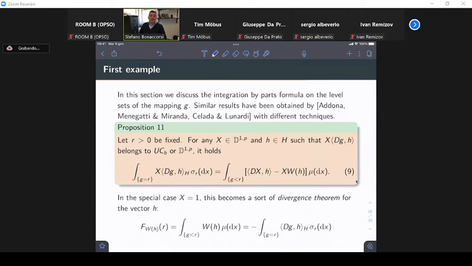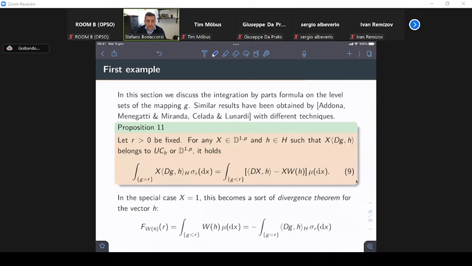Once you have the density of G, you can use the previous construction to define the surface measure sigma on the level sets G equal R, and you can prove the following result.